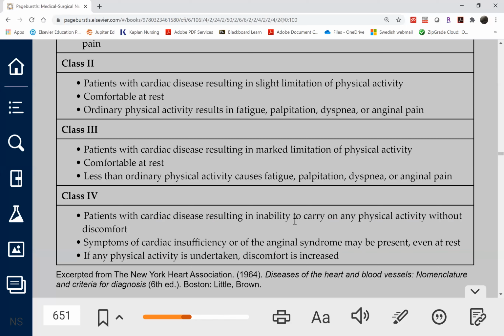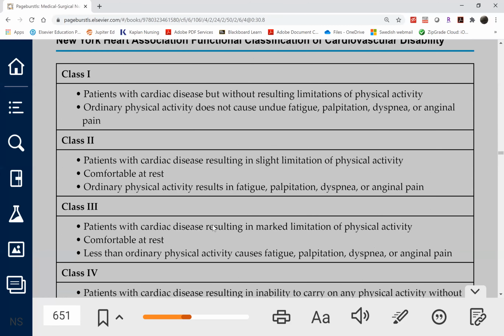Yeah, with oxygen too, because even at rest they already have shortness of breath. So they'll have to be on a wheelchair or on a stretcher. So very, I mean, there's no way to live. Okay, they're pretty much pre-departure, right? Unless they get a heart transplant. So really, what we're left with is class 2 and 3.